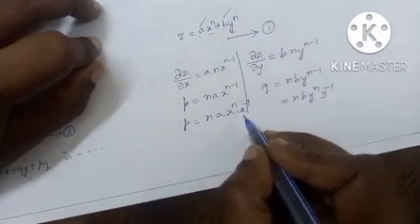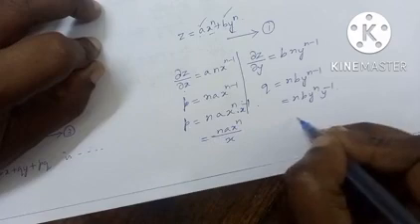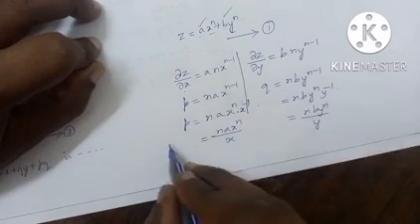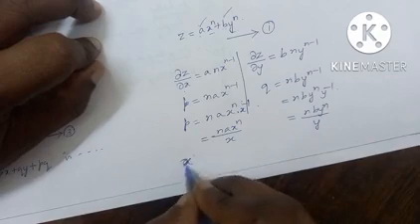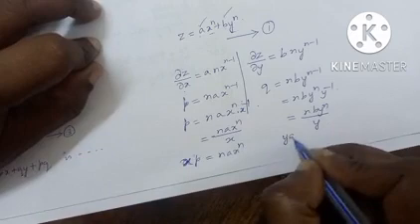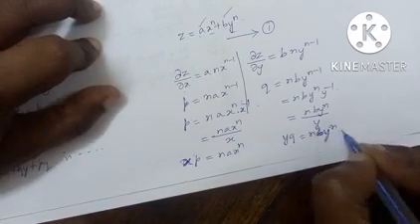Where x power minus 1 is 1 by x, we know, right? Similarly, y power minus 1 is 1 by y. Cross multiply. xp equal to n into a x power n. yq is equal to n into b y power n.